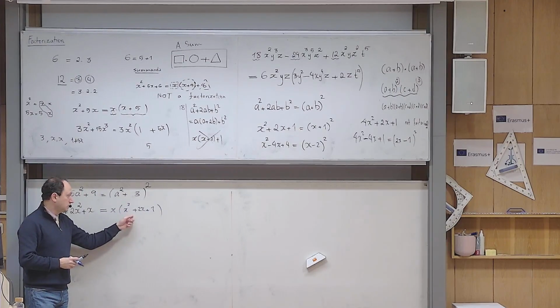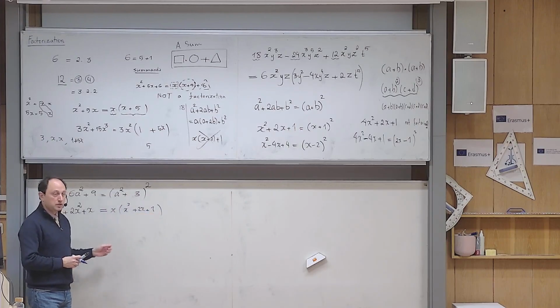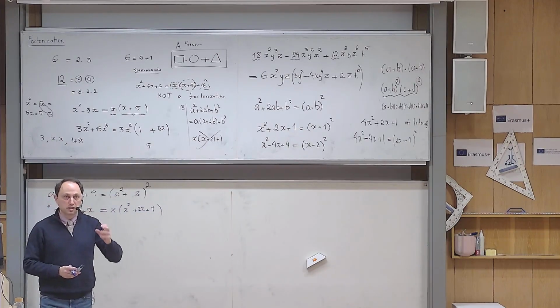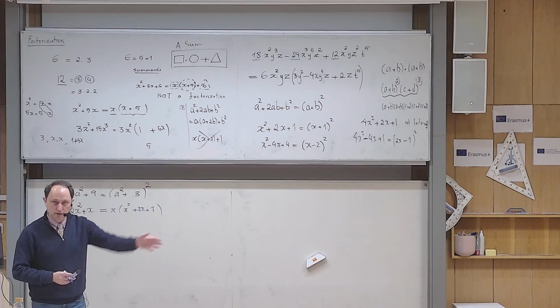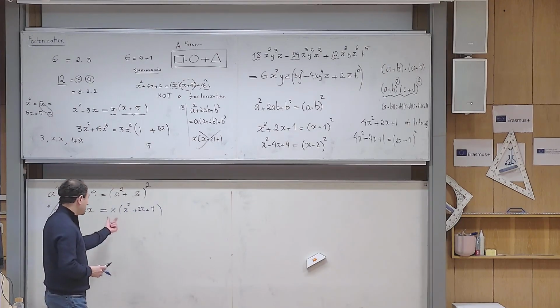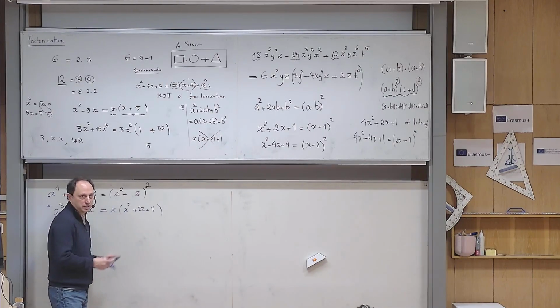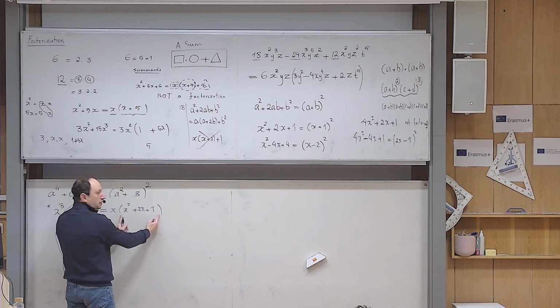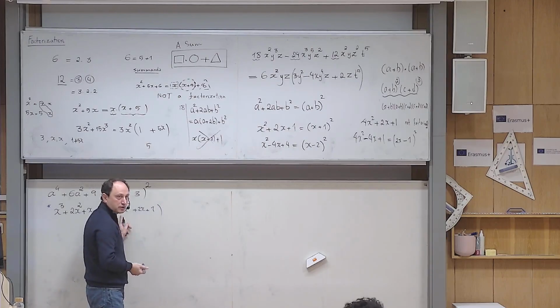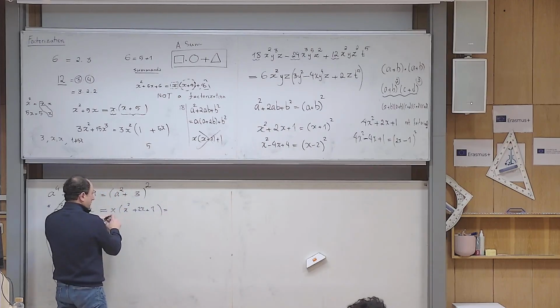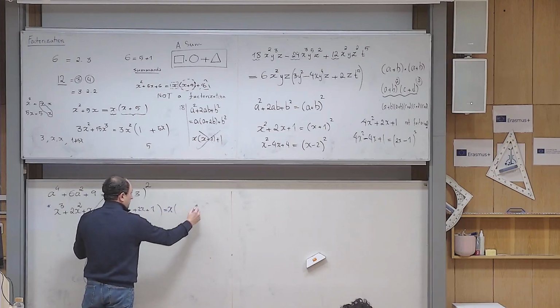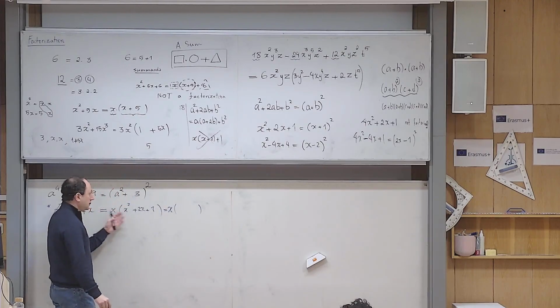But in Math 2C, you have to continue, because when I say factorize, it means factorize as much as possible. This is a factorization, I agree, because that's a product, but it is not as much as possible yet, because this one itself can now be factorized more. So I copy and paste this one. What should I write here?